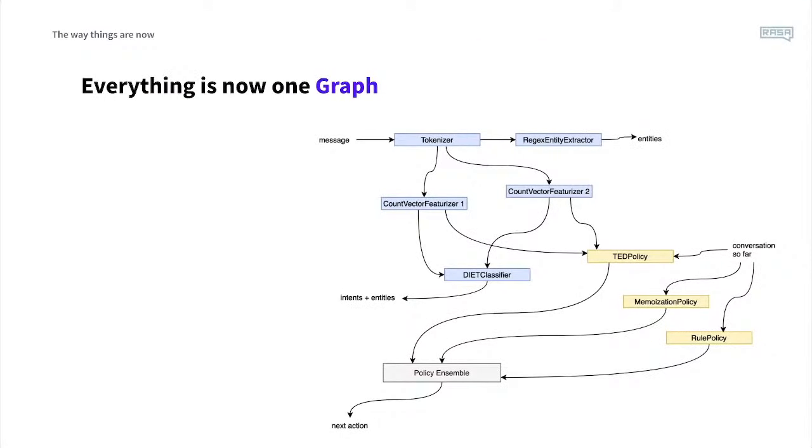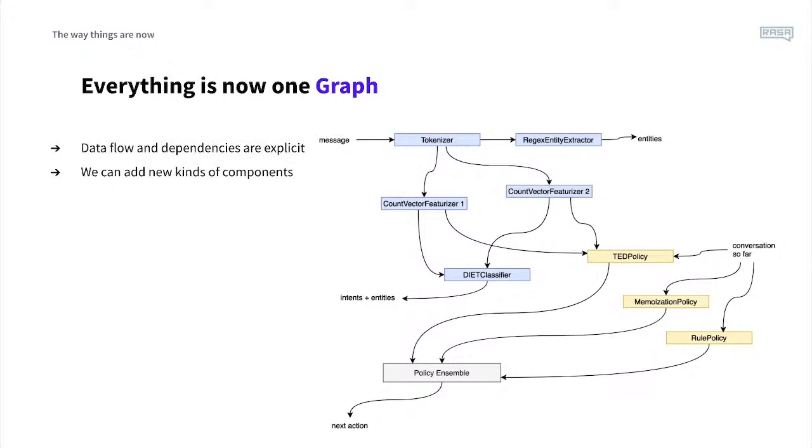Once you tear down the boundaries of NLU versus core, what you can see is that we have a collection of components, some of which require data from previous components. If we think of components as nodes, and the dependencies or the data flow between them as edges, we end up with a graph. The graph isn't opinionated about whether something is NLU or core, it just cares about which components rely on the output of which other components. The data flow and dependencies are now explicit.